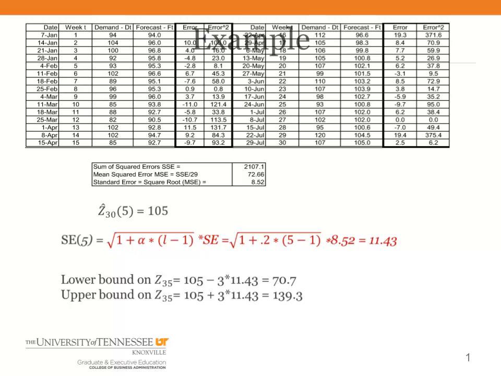So when I'm computing a lower bound on the demand for week 35, Z35, I subtract 3 of those standard errors for 5 weeks. And to get an upper bound, I add 3 of those, and that gives me an upper bound of 139.3.